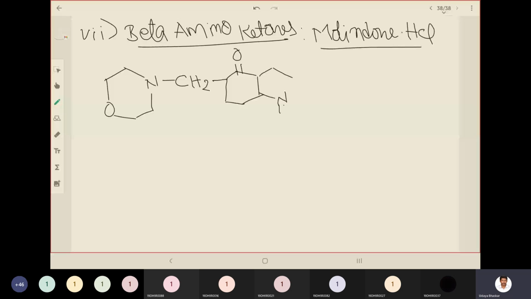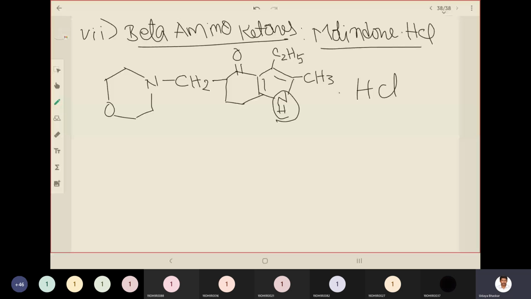There is the beta keto and amino. So this is amino, and this is ketone. If you observe, this is the first carbon, alpha to the amino. This is the beta carbon.